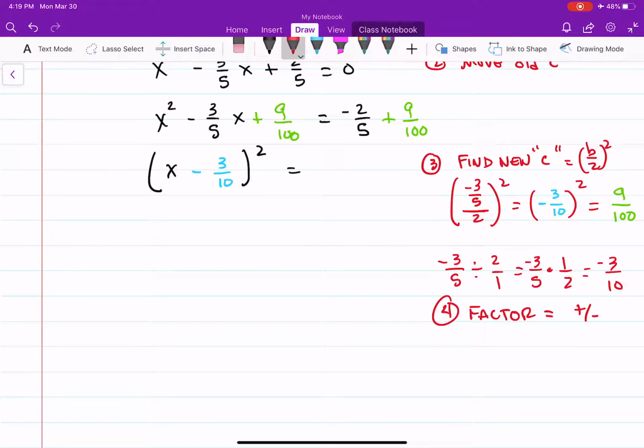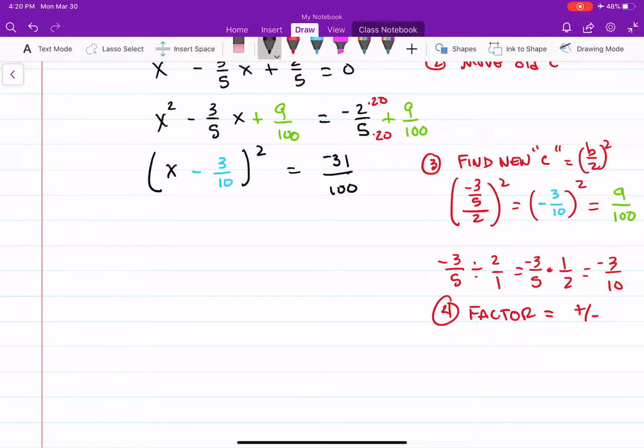You can certainly do this in your calculator if you want, but to get common denominator, I gotta multiply the 5 by 20, because 5 times 20 equals 100. So if I do it to the bottom, I gotta do it to the top. So the top is negative 40 plus 9, so it's gonna be negative 31 over 100.